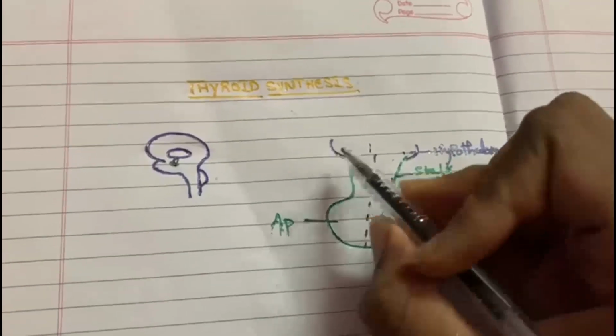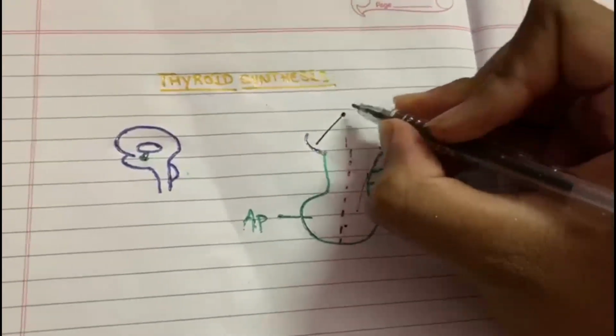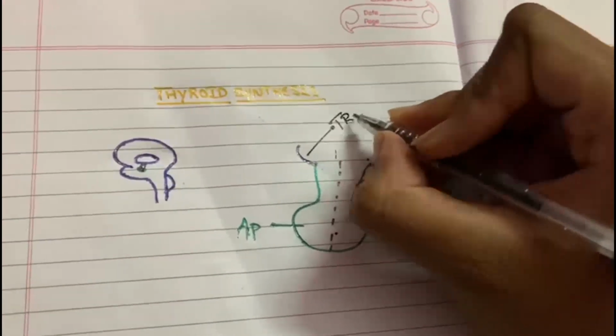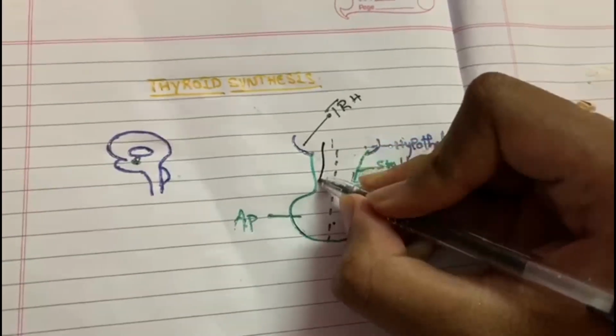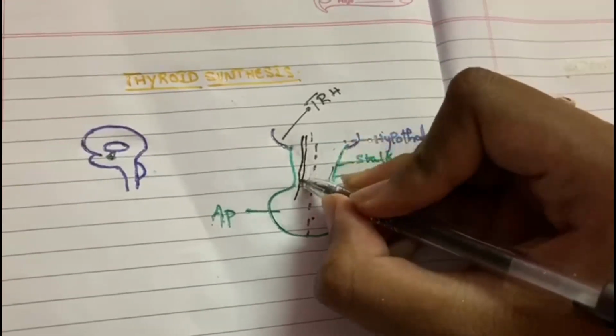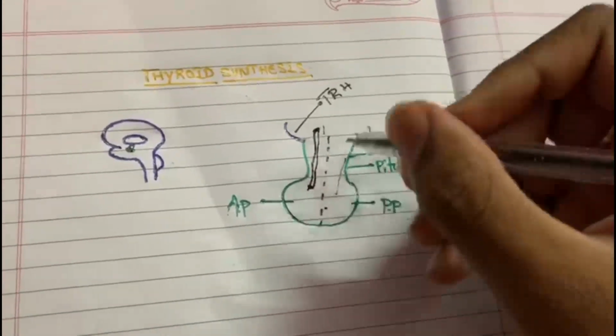The hypothalamus secretes a hormone known as thyroid-releasing hormone, which reaches the anterior pituitary through capillary plexus.